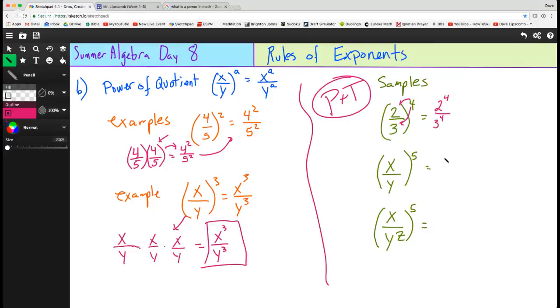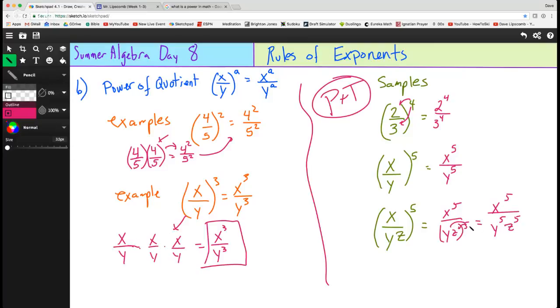I assume you've tried all these. This is x to the 5th over y to the 5th. And this is x to the 5th over yz to the 5th. Well, we know by our power of product rule that the bottom is y to the 5th, z to the 5th, right?